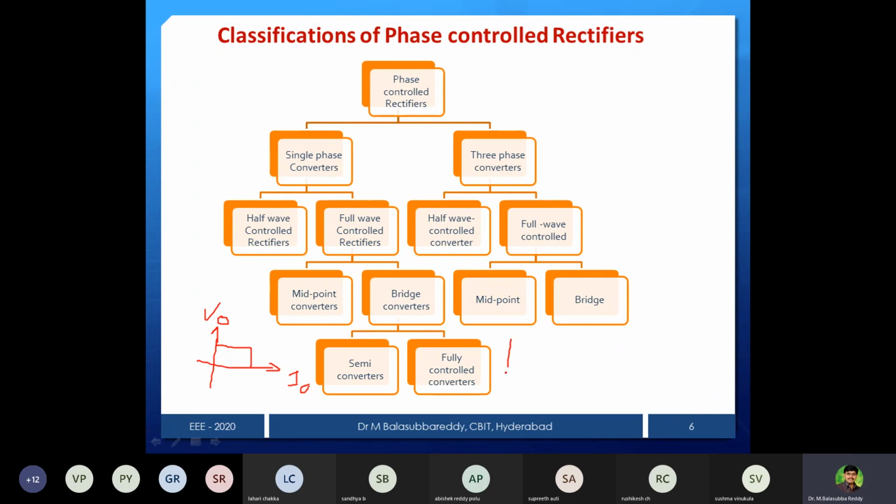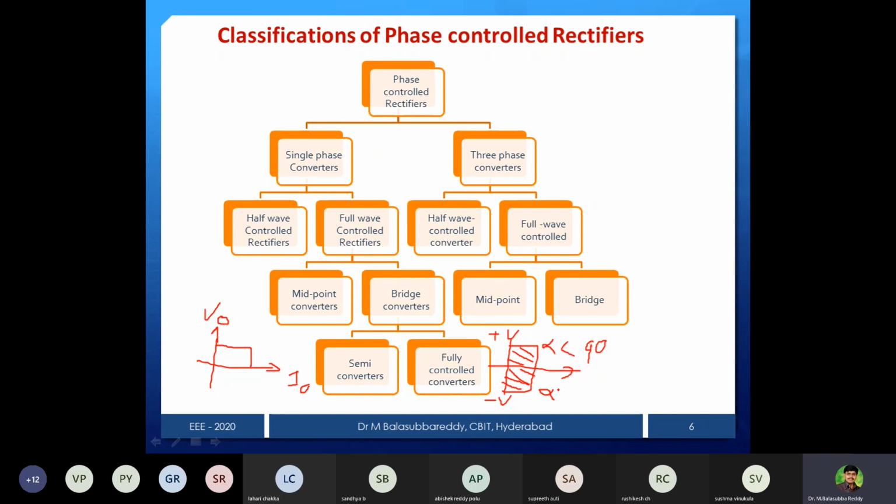And similarly, in case of the full converter, we can get first quadrant as well as fourth quadrant operation. That means the voltage can be either positive or negative, depending upon your requirement. So here you change the firing control to get positive voltage; anyhow that will come in the theory part.